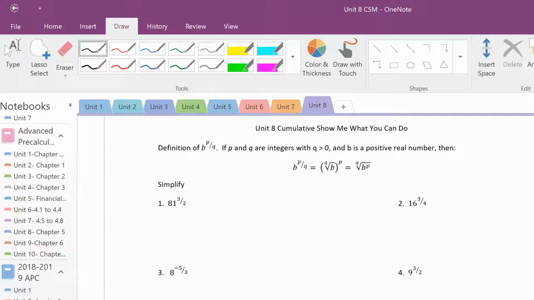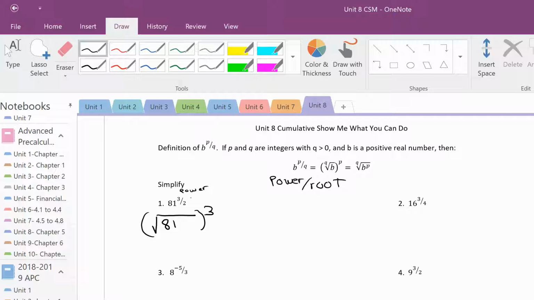And notice whenever you have a fractional exponent that it's basically power over root. So for example, 81 to the 3/2, that is 81 to the third, but the square root. So it's the square root of 81 to the third.